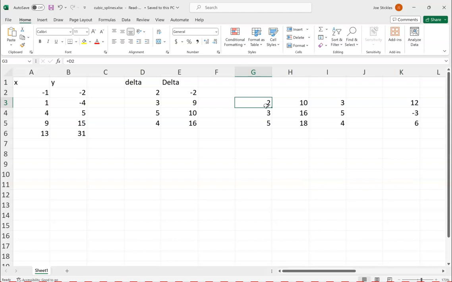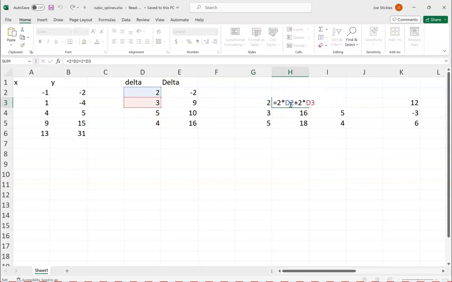Okay. So that 2, the 10, and the 3 are those three values. You can see that the 2 is that value, the 3 is that value, and the 10 is 2 times the first one plus 2 times the second one.